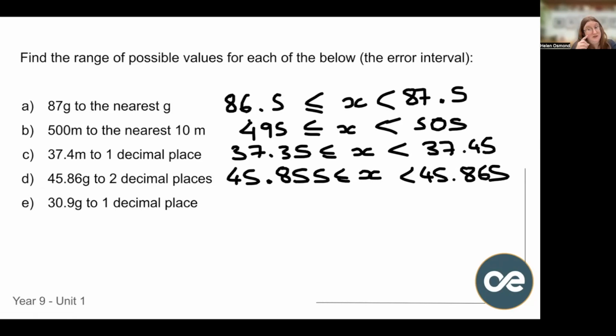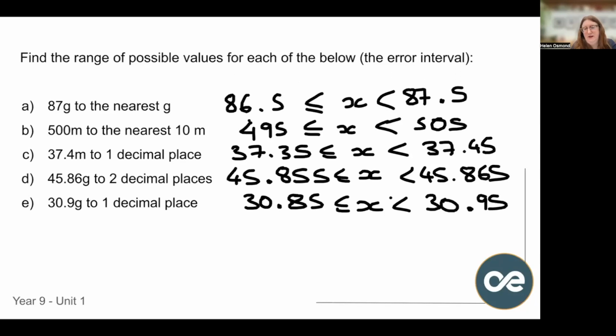Let's be really careful with this one then. So smaller than, we could have 30.85 would round up to 30.9 to 1 decimal place. And on the other end, we would have 30.95. And you've got the inequality symbol here showing that we don't include that 0.95. That would round up to give us actually 31.0 when we got there.